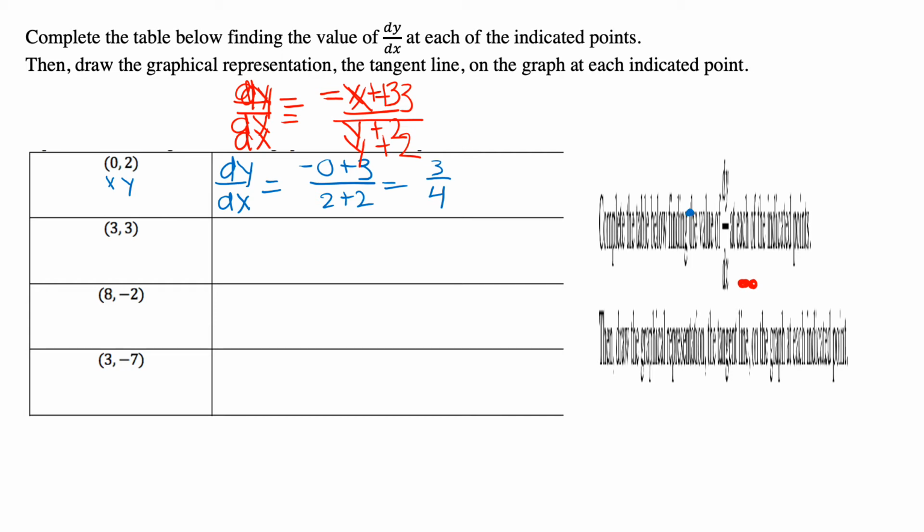And 3/4, remember, would be a positive slope. Looks something like that. Looking at the next one, at the point (3, 3), now we have x equals 3 and y equals 3. dy/dx would give us negative 3 plus 3 over 3 plus 2, which gives us 0 over 5, which is just 0, our horizontal tangent.